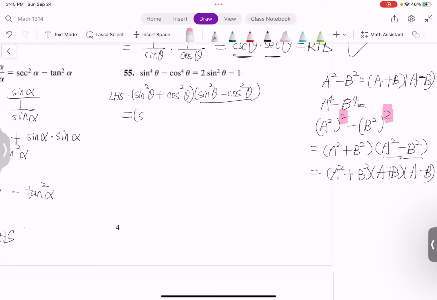So before we start to factor the second factor, how about the first one? Sine theta squared plus cosine theta squared is 1. So it is 1 times, then we start to factor the second factor: sine theta plus cosine theta multiplied by sine theta minus cosine theta.